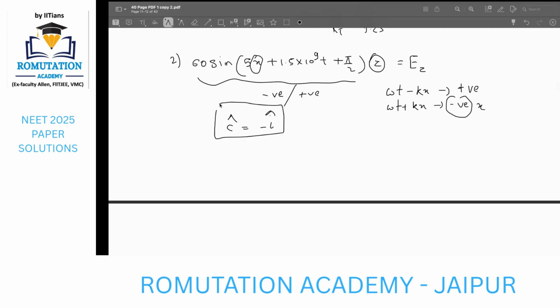So once we know this, definitely we know the wave is propagating this side. This is the z-axis. I know I have my basic equation that E is equal to B cross C, right? E, B, C. Because C is there with me and the electric field is there with me, I have to find B. So how do I find B?